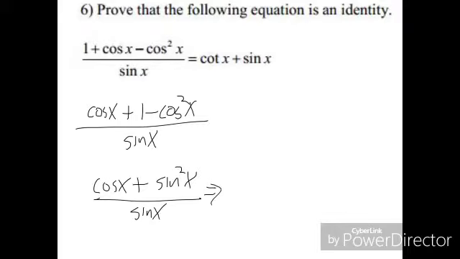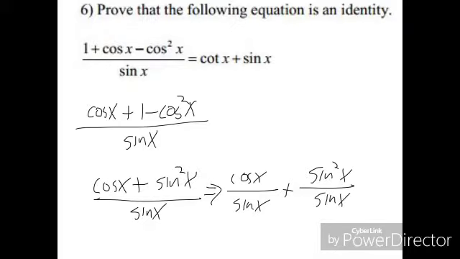Okay, we can then split this up into two fractions. Cosine x over sine x and sine squared x over sine x. And then that simplifies. Cosine over sine is cotangent, and one of these sines cancel, and that's sine, and we've shown the identity.